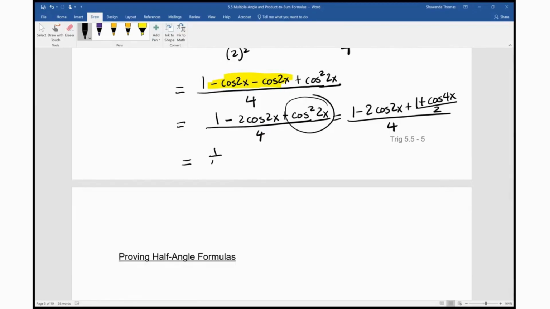Let's pull out that 1/4 from the bottom. It could be written 1 minus 2 cosine 2x plus 1 plus cosine 4x over 2.